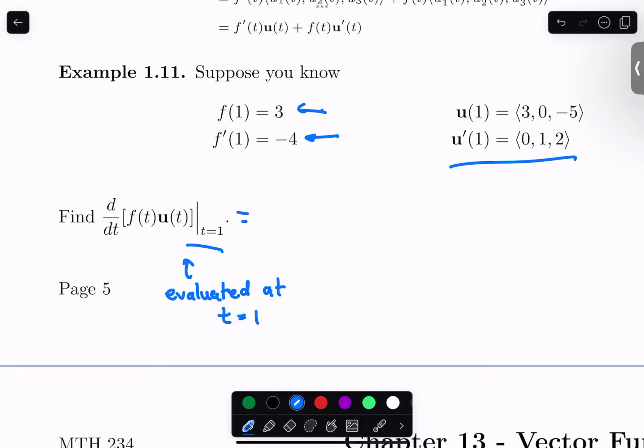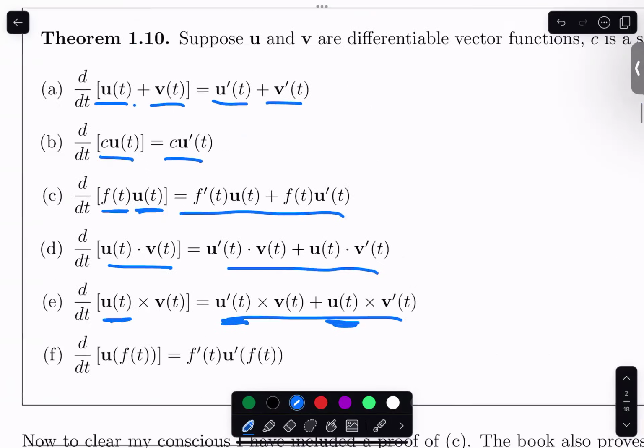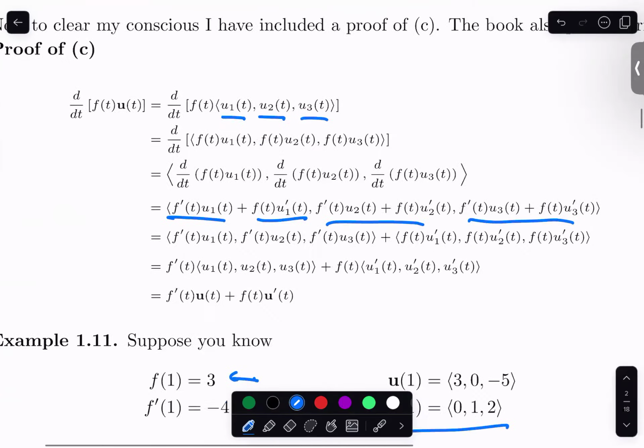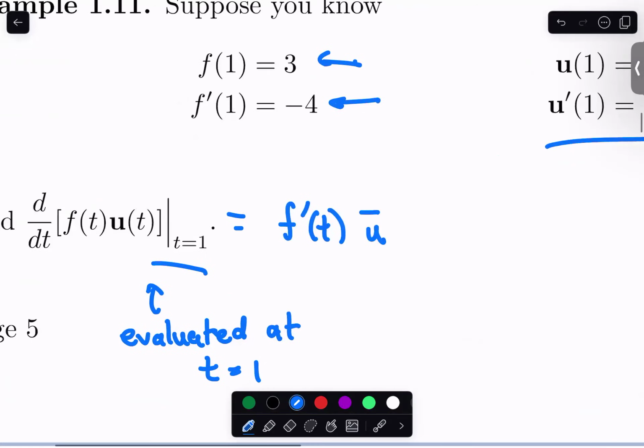So when I take the derivative, we're going to be using the product rule. Technically, this is based off of statement C here, where we have a scalar function and then a vector valued function. So this is saying that it behaves just like you would suspect from calculus 1. We're going to have the derivative of the first times the second plus the first times the derivative of the second.